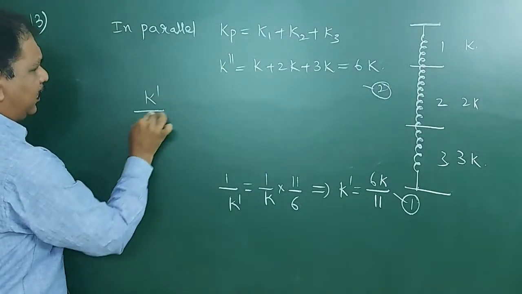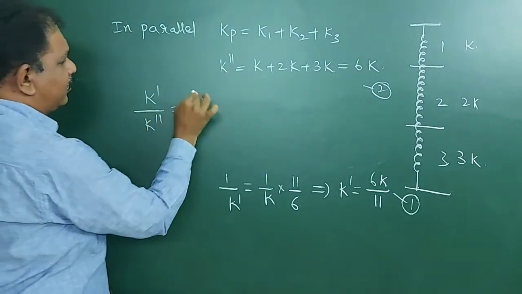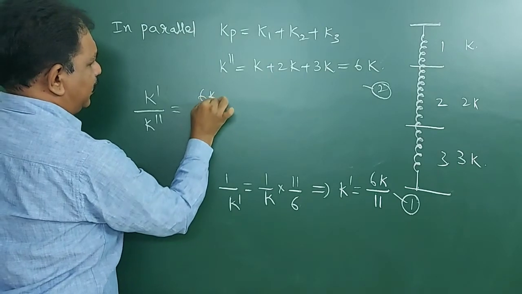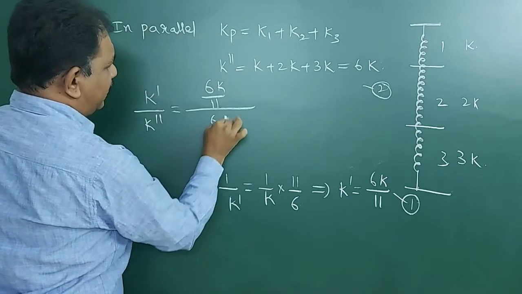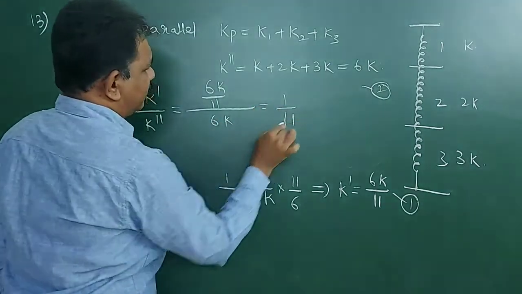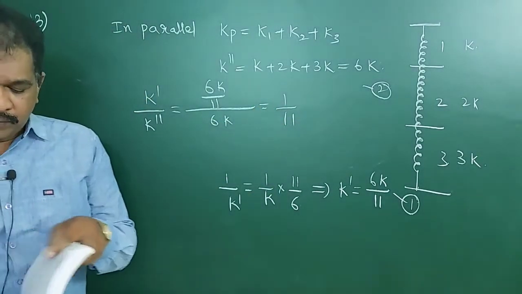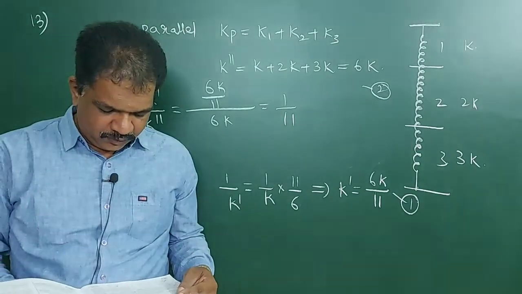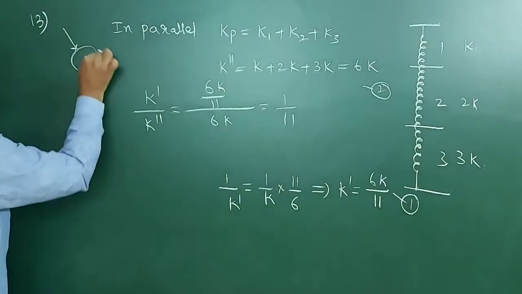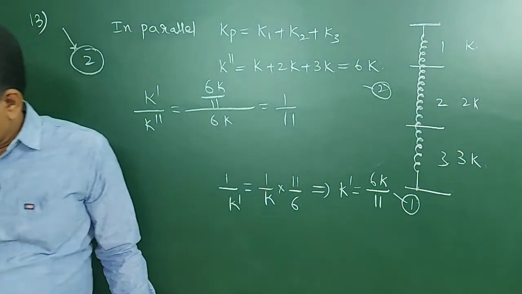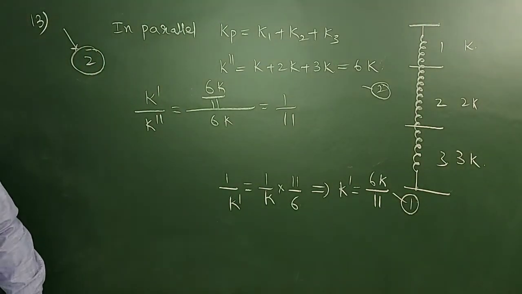K dash by K double dash is 6K by 11 divided by 6k, this is equal to 1 by 11. So 13th, it will be second option.